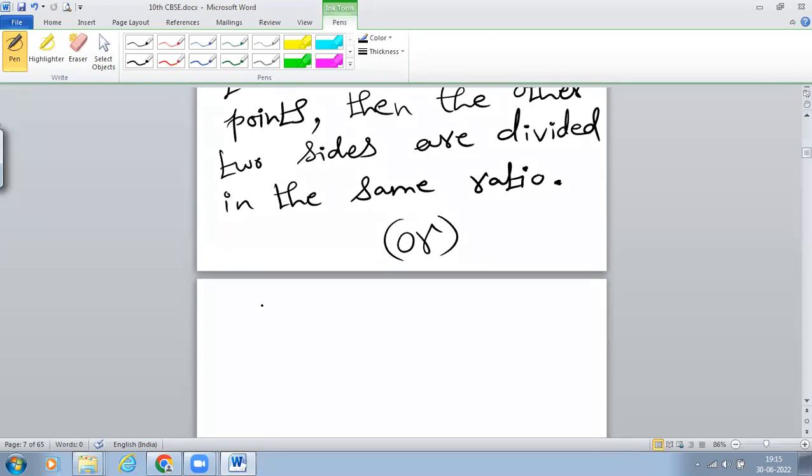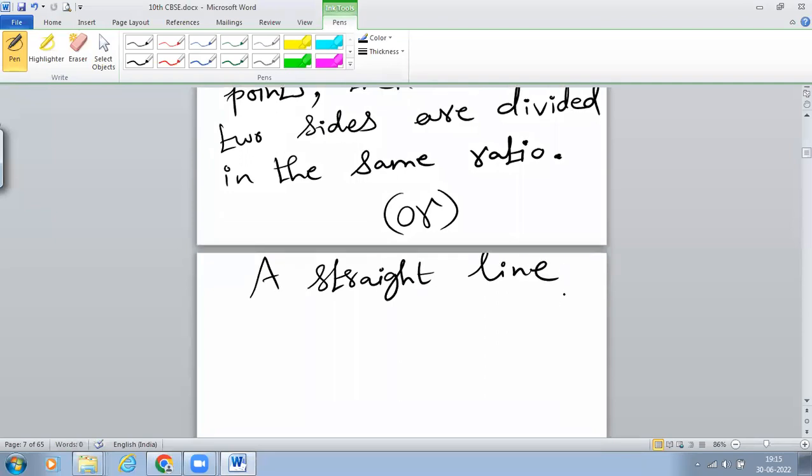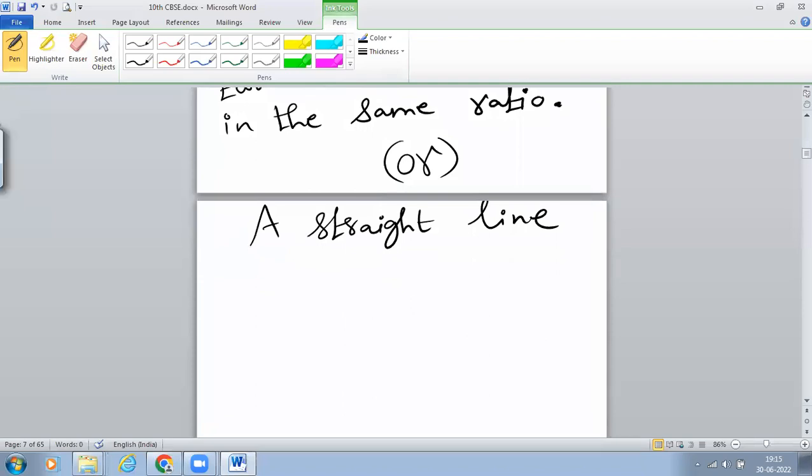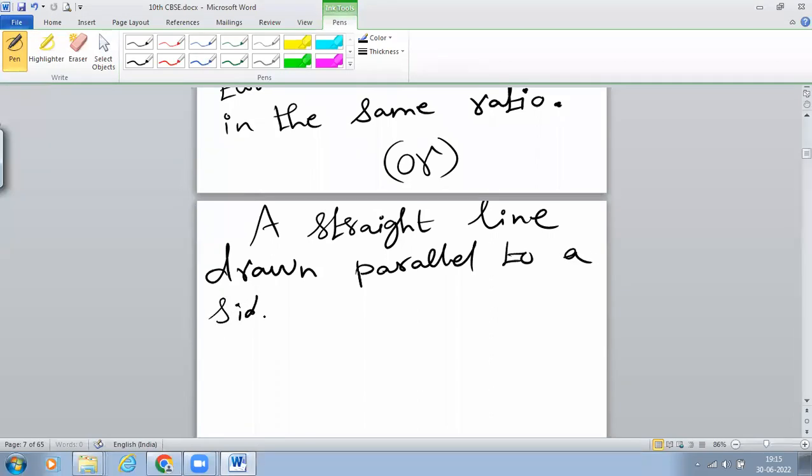In another way, what we can write is a straight line. Whichever is easy for you, you can choose. First write the statement, then I will explain the meaning of the statement. A straight line drawn parallel to a side. A side means a single side.